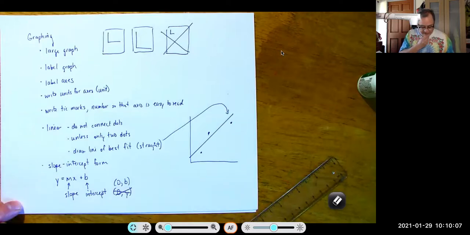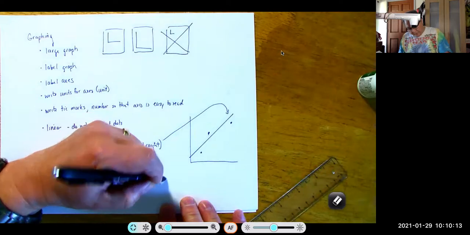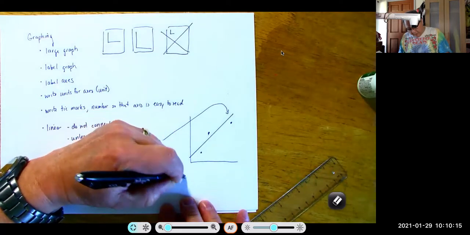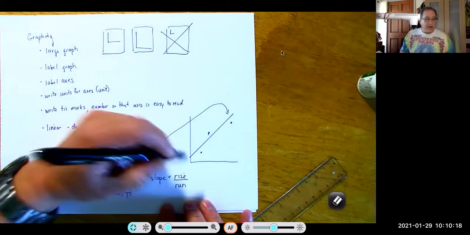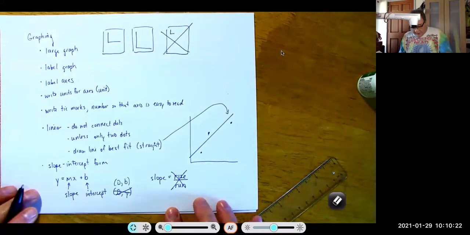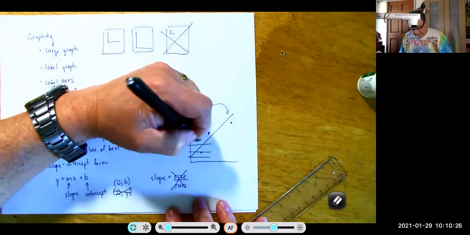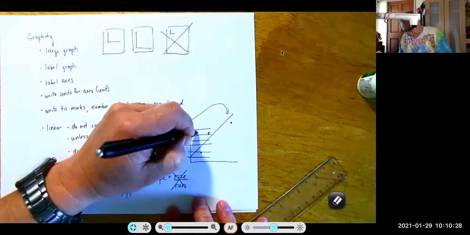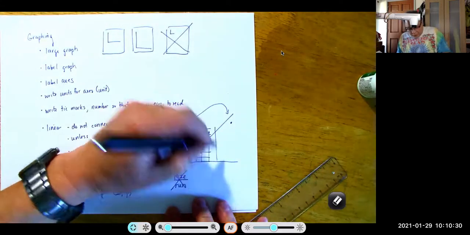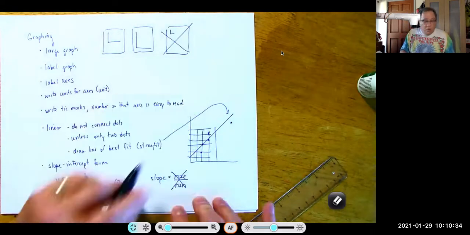Okay. Let's see, what else did I want to tell you? I kind of forgot. Oh, for the slope, I don't like rise over run. And that's because if you see something like this, we can tell here that the rise over run looks like it's about 1/1.